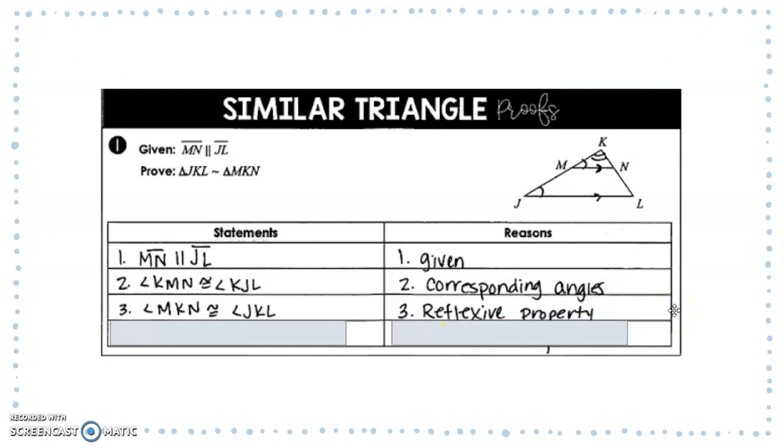So I can say that angle MKN for my small triangle and angle JKL for that big triangle are congruent using that reflexive property. From there, since I have an angle for each of my triangles, I can say that triangle JKL is similar to triangle MKN using the angle-angle similarity. So instead of using congruent, we're just using the one squiggle for our similarity.